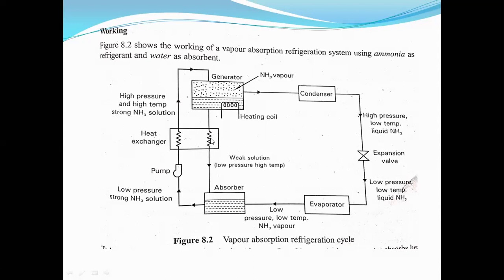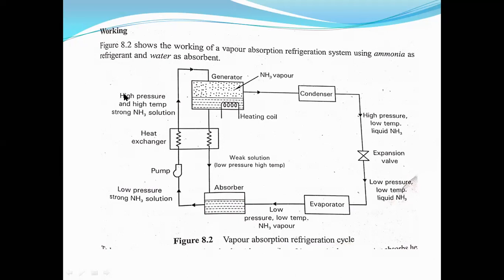One more thing: as the hot fluid gives away the heat to the cold fluid, the remaining weak solution enters into the absorber. There is a continuous flow of weak solution and strong solution in this circuit. As soon as it gives up the heat, that weak solution enters into the absorber.